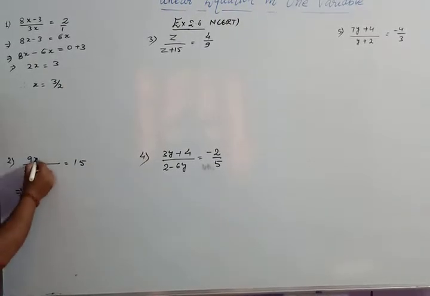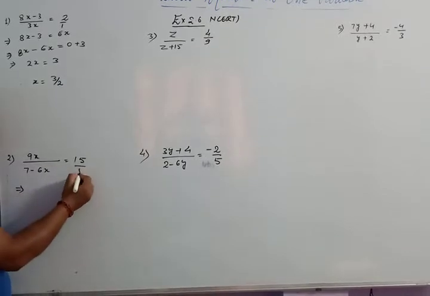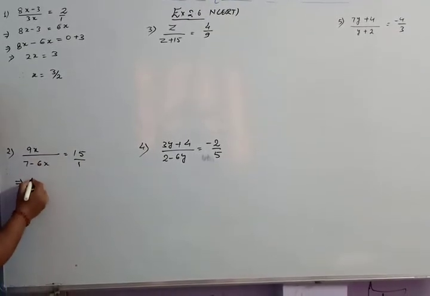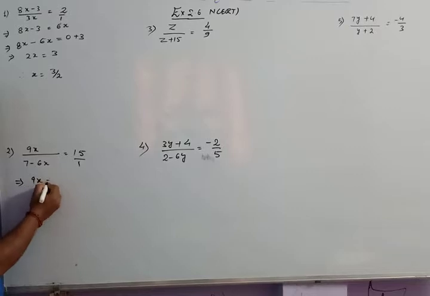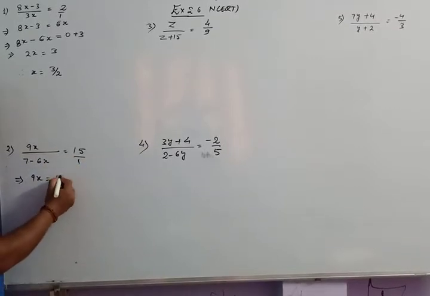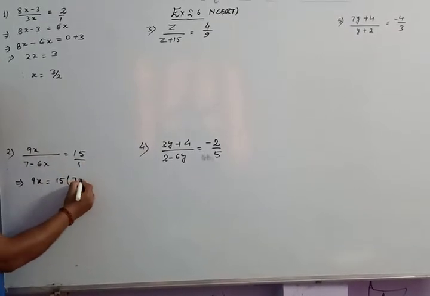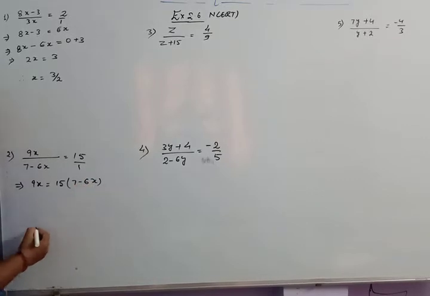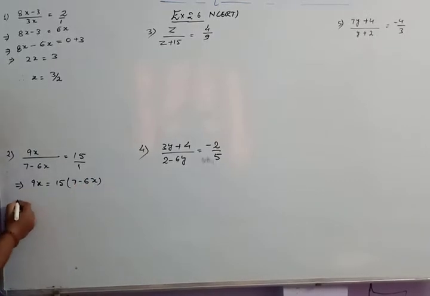Same question in fractions, you have to multiply. Here by 1 you will multiply, it becomes 9x. Now multiply by 15, put the bracket. If you are not able to multiply directly, what will you do?